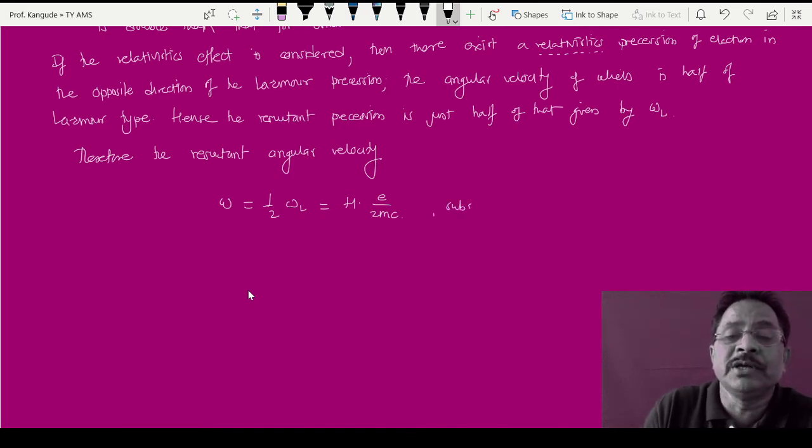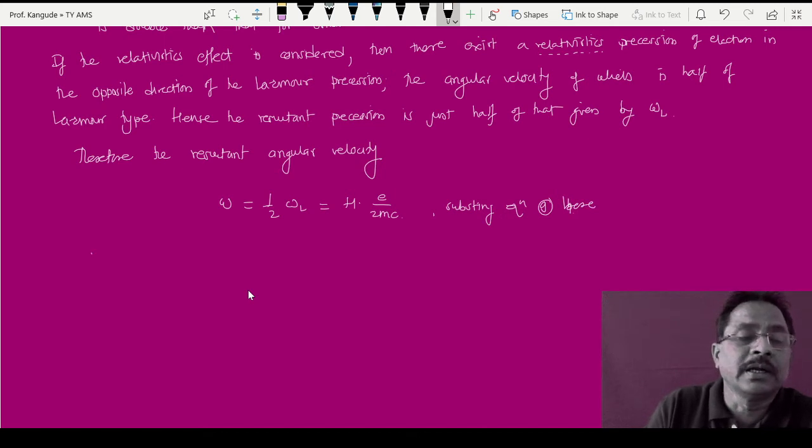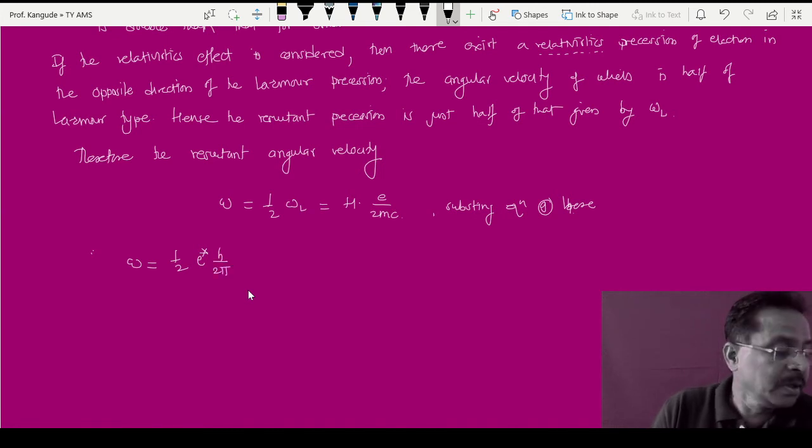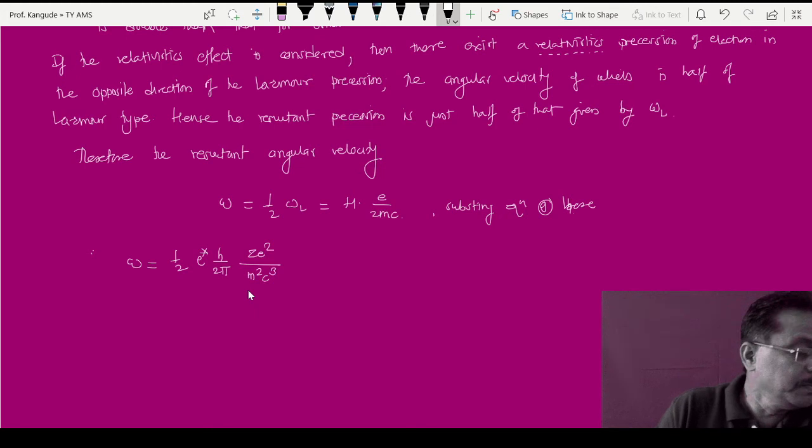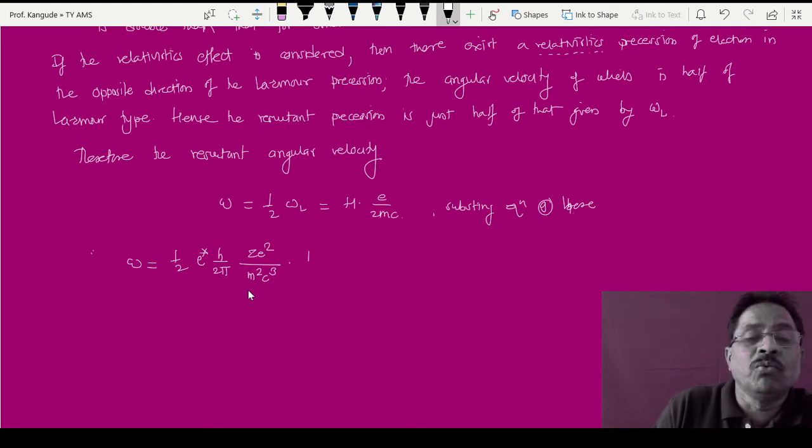So substituting equation 9 here, I can write this omega is equal to, the resultant angular velocity is 1/2 into L star multiplied by H upon twice pi into ZE square divided by M square C cube multiplied by 1 upon R cube.